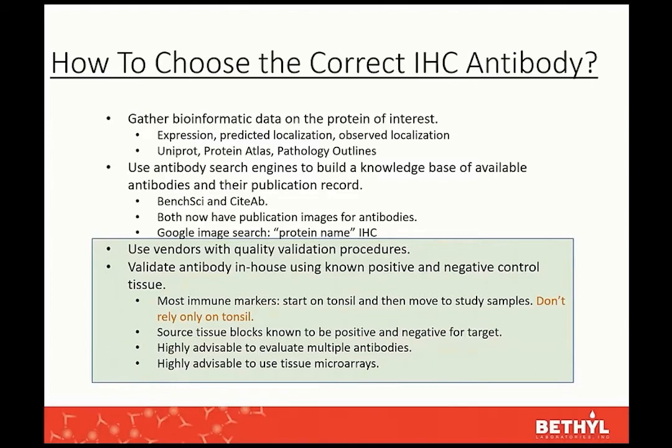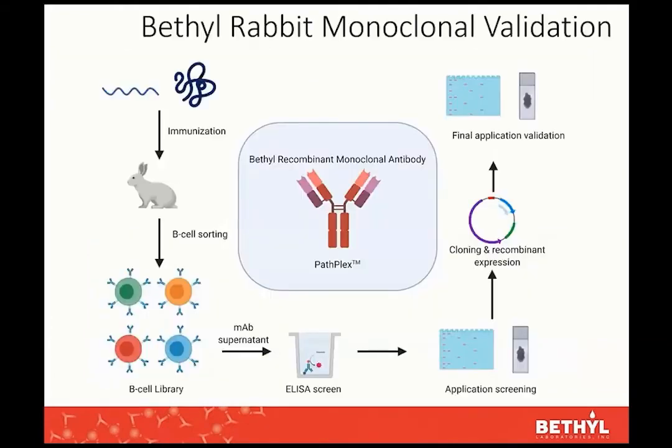We understand that is an expense that most people don't have in the budget. And so that's one of the things that we feel that we can do for you is we can validate our antibodies on tissue microarrays to give you more confidence actually in our antibodies.